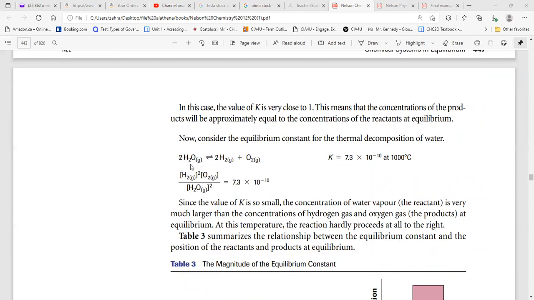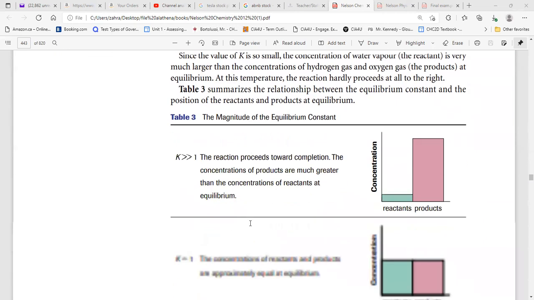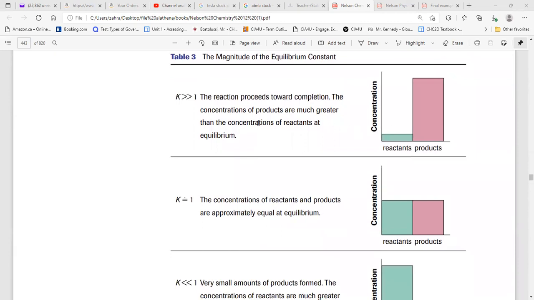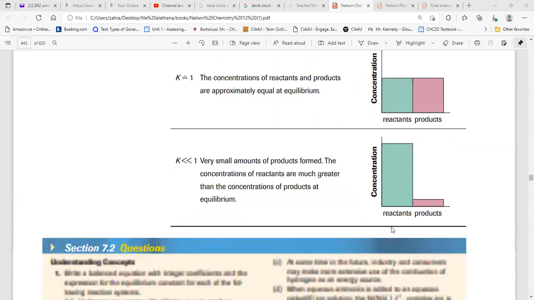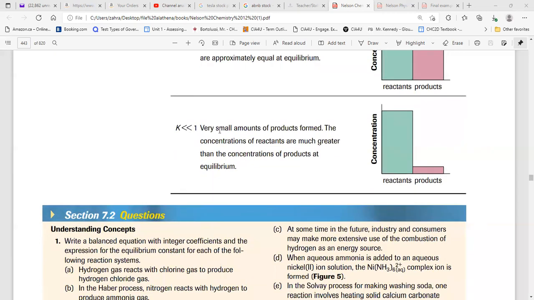The concentration of your reactant is much bigger than the product. Here is the summary of what I said. K much larger than 1 means the concentration of product is much higher than reactant. K equal to 1 means the concentrations of both reactant and product are the same. K much less than 1 means the concentration of the reactant is much more than the product.